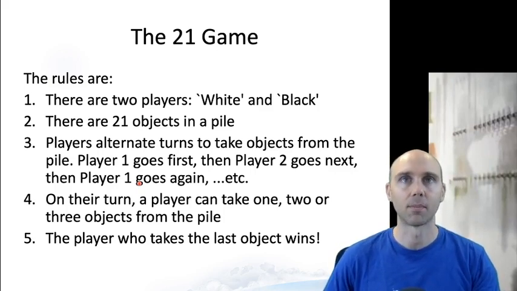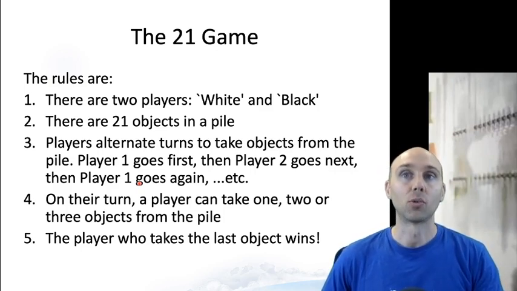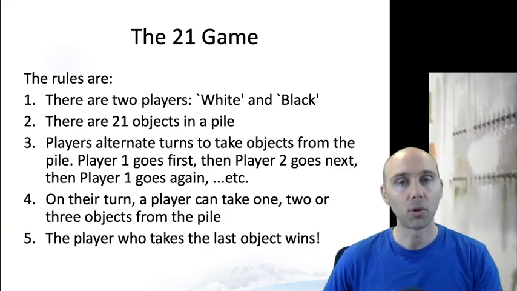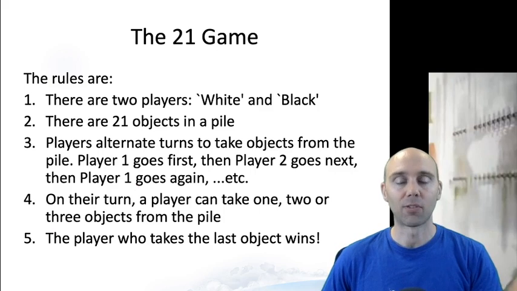Matchsticks, coins, doesn't matter. Players alternate taking turns to grab an object from the pile. So player 1 goes first, then player 2, and so forth. When it's your turn, you can take 1, 2, or 3 objects from the pile. That's your choice. And the winner is the player who takes the last object.